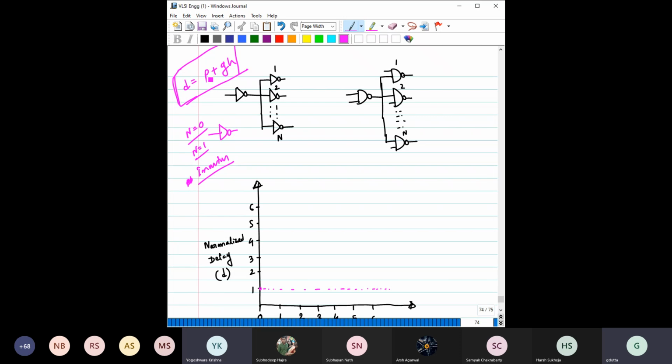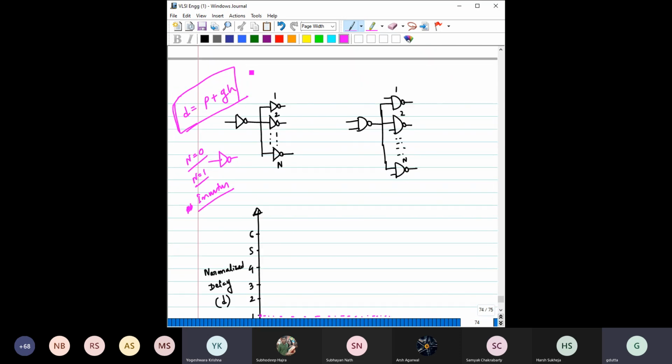So it is basically then 1 plus GH. So for the inverter, this equation is transformed to D is equal to 1 plus, and the G value for this inverter is 1. H is variable.